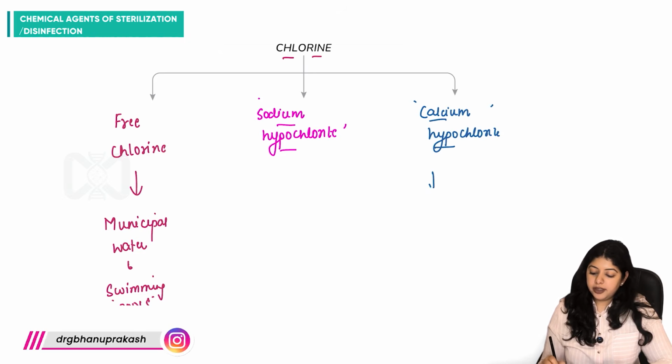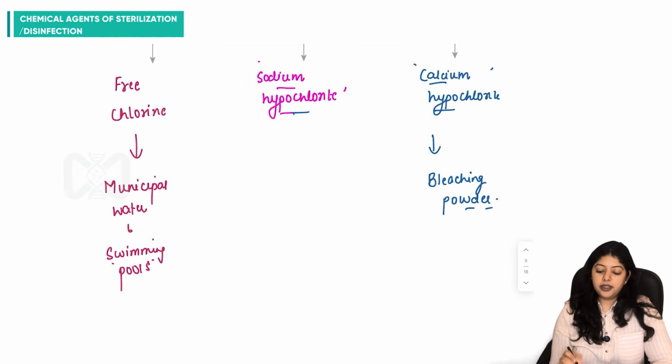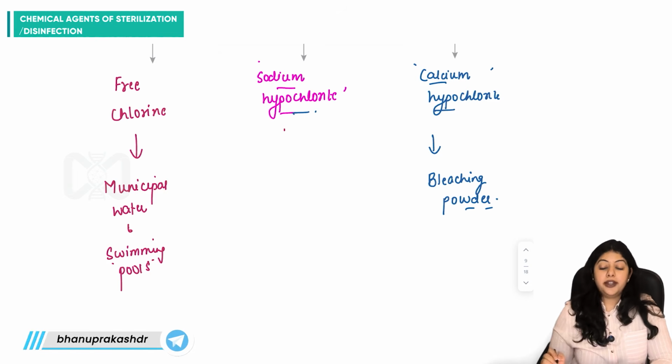Calcium hypochlorite, it is the bleaching powder. And sodium hypochlorite, it is vastly used in hospital settings for disinfection.